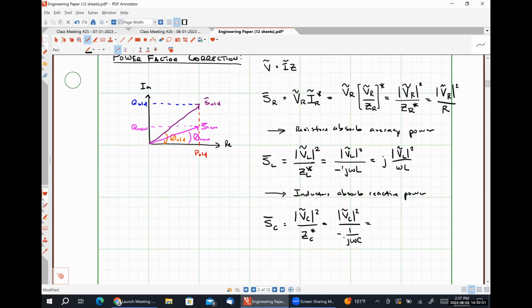So that's going to look like a positive j in the denominator. So let's do this out.